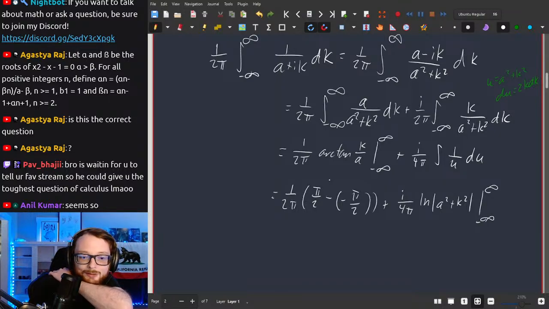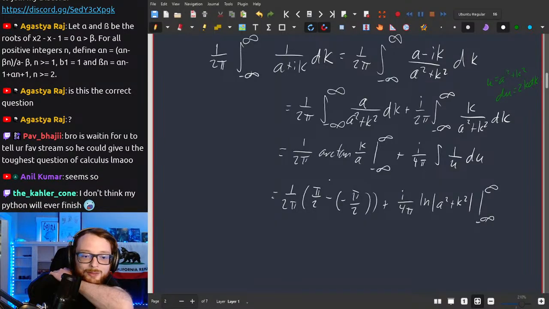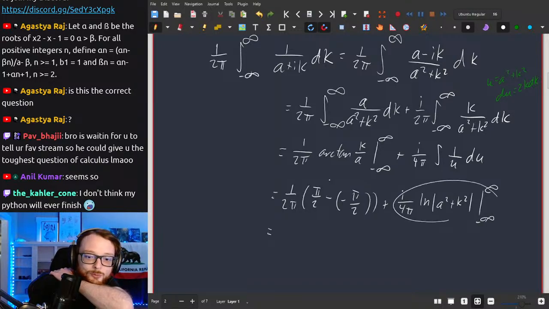We still have this annoying ln from minus infinity to infinity business. You don't think your Python will ever finish? That is a lot of cases. So this should equal 0. This seems annoying to actually prove though.